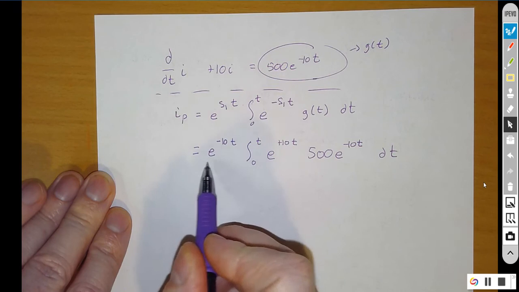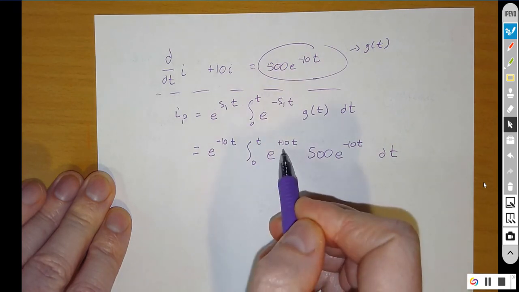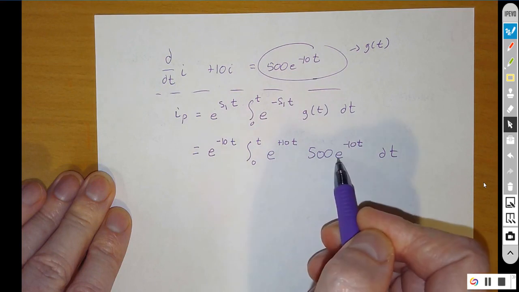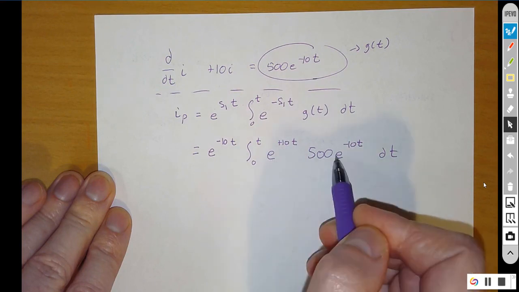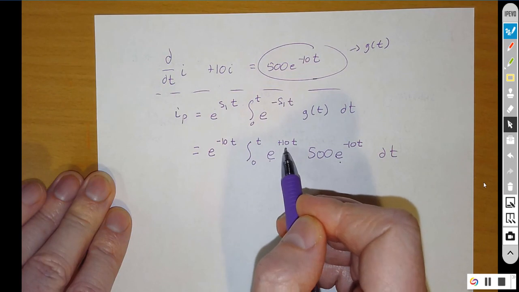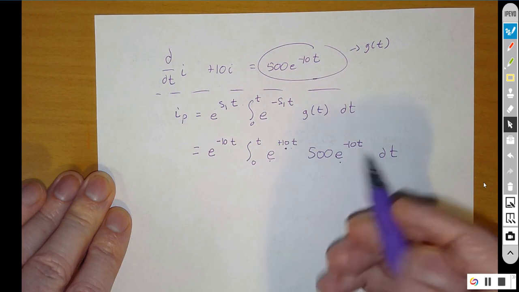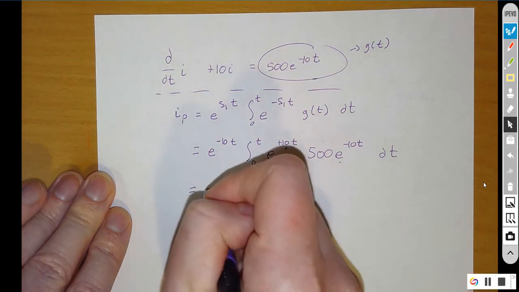We don't really worry about the left-hand side too much. We work inside the integral. When I multiply these two exponentials by each other, we're basically going to add their exponents. So we're going to get 10t minus 10t, which is e raised to the 0 power. I'll show that step.